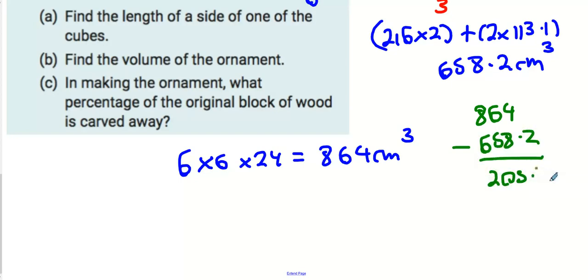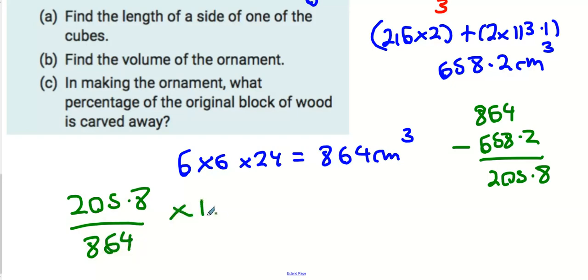So, lads, you lost 205.8 out of the 864 you started with, and you're going to multiply that by 100 to find out what percentage you lost. What do we get then? 23.8. Is that okay?